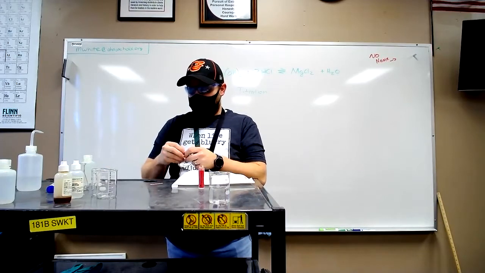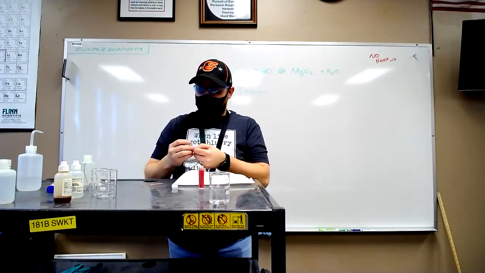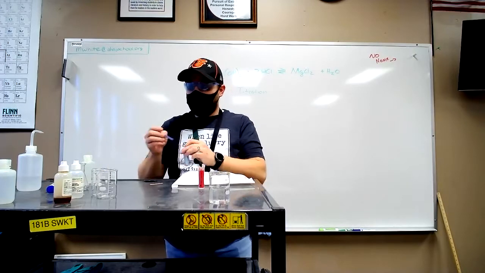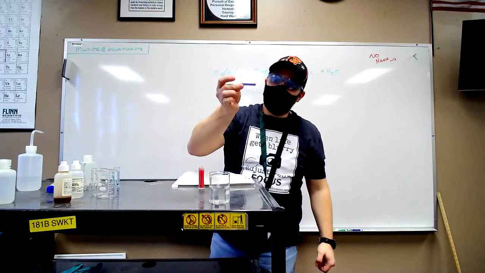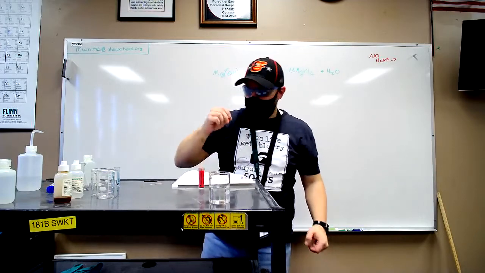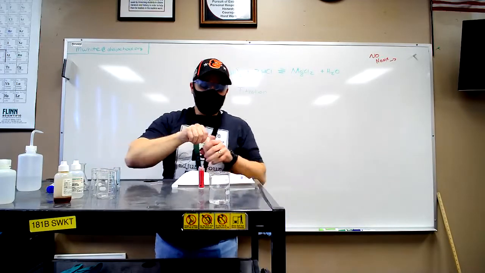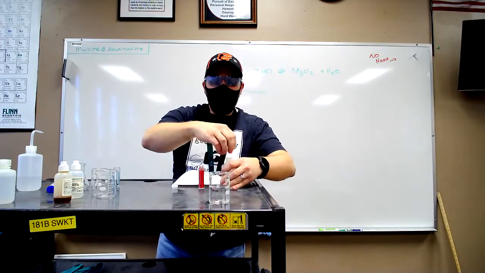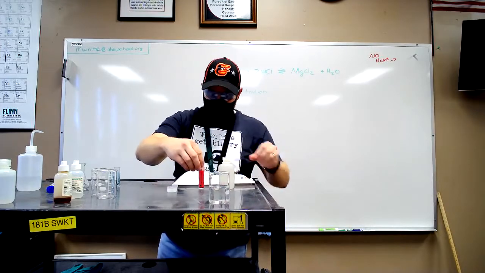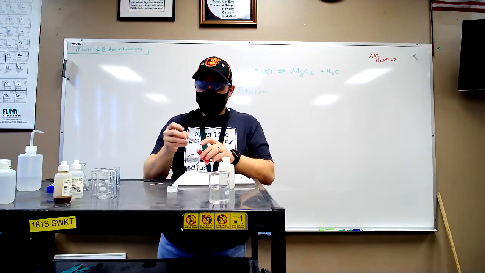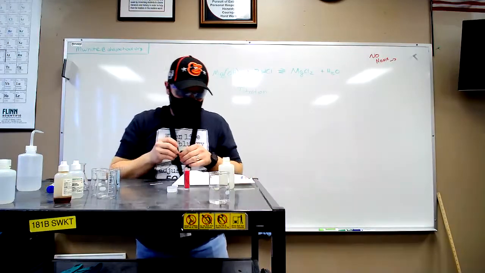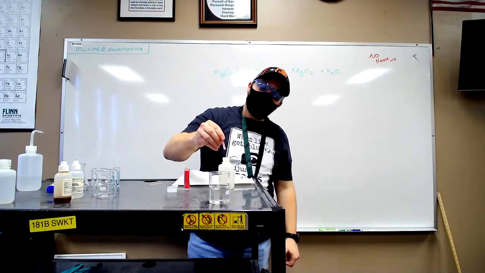I'll take one of my blue litmus papers. Doesn't really do anything. But here I have some hydrochloric acid. Now remember, if we see red, it means we're dealing with an acid.